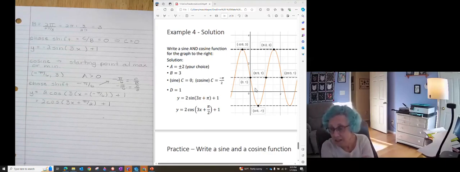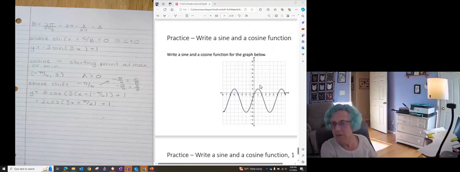So you can see instead of keeping my starting point here, when I did the PowerPoint, I put my starting point over at pi over 3 and 1. So I came up with a different function. I had a positive 2. So either way you want to do it. Alrighty.